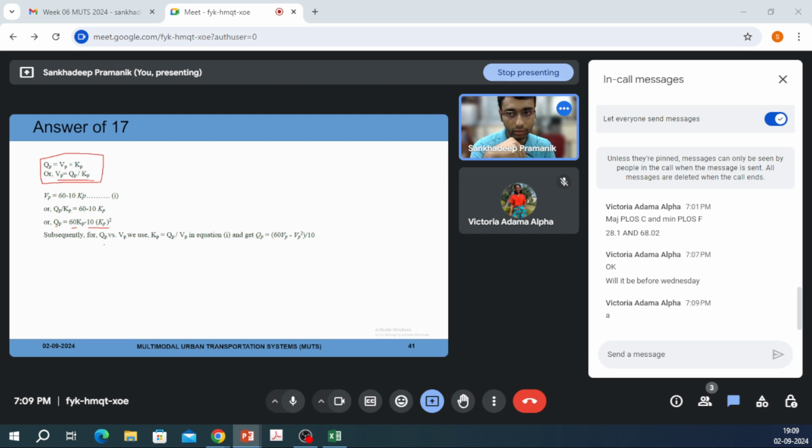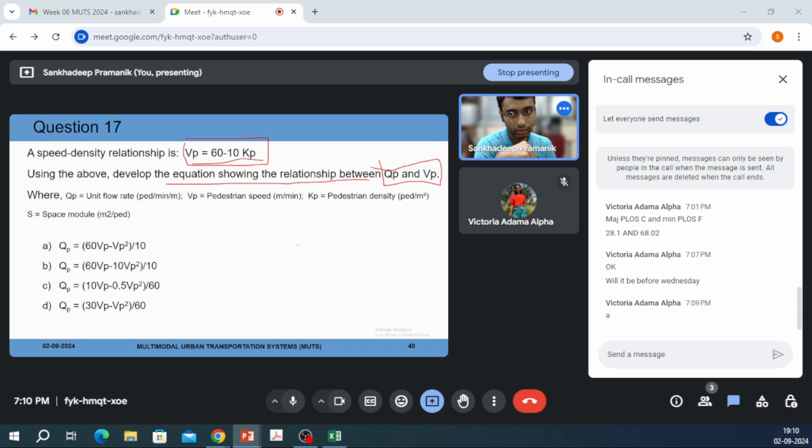Now for Qp and Vp, if we use Kp equal to Qp by Vp, then we can get Qp equal to 60 Vp minus Vp square by 10. So option A will be the correct answer.